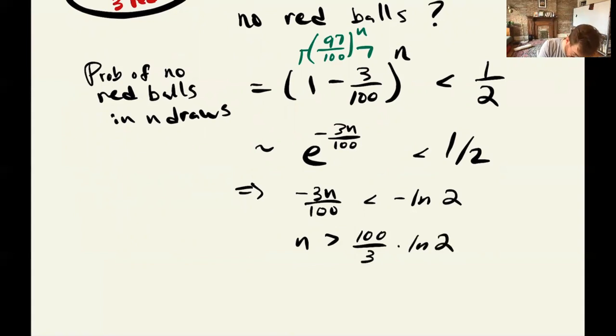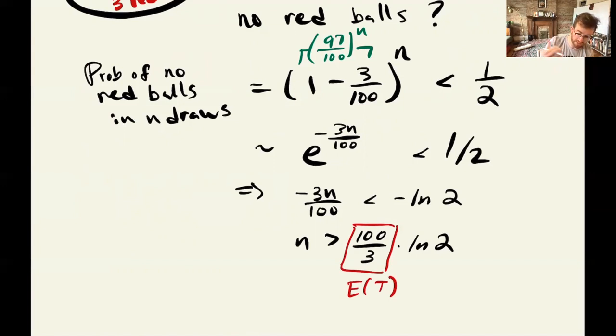Now notice this right here, 100 over 3, is actually our expectation of a geometric random variable T, where we count the number of tries until we get our first red ball.